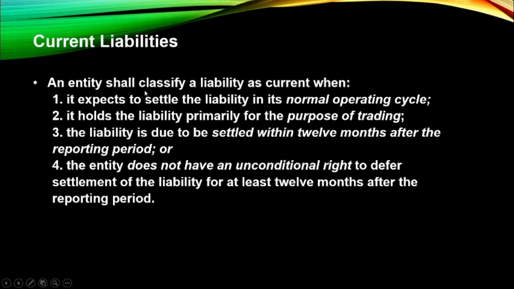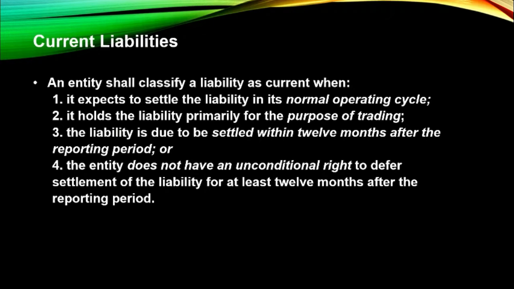Then we have the current liability. It is expected to be settled within a normal operating cycle. So normal operating cycle usually is 12 months, no? And then the liability is held primarily for the purpose of trading, so the liability exists because of trading purposes.